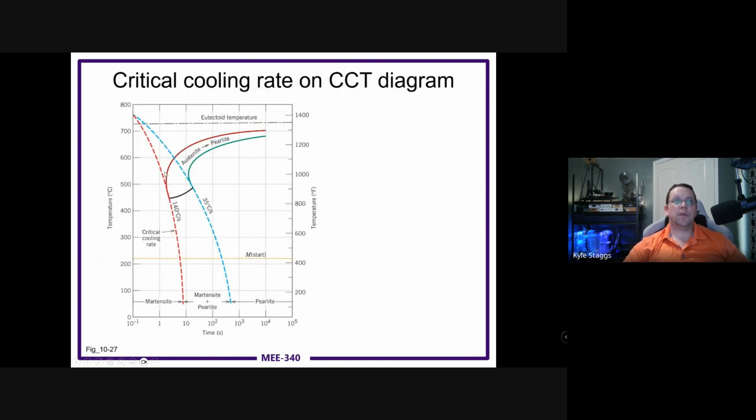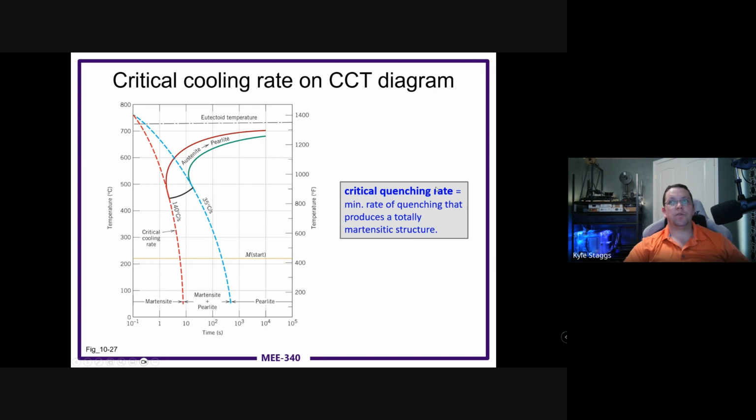A critical cooling rate is here, where it just grazes that phase line for the transition to perlite and goes straight to martensite. So the critical cooling rate means anything below this, you form exclusively martensite. This is why forging, often when they're tempering and forging a blade or something, you want to make sure that it's inside this critical cooling envelope, because otherwise you won't get the control that you need.